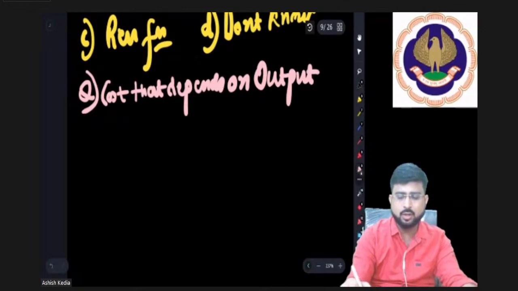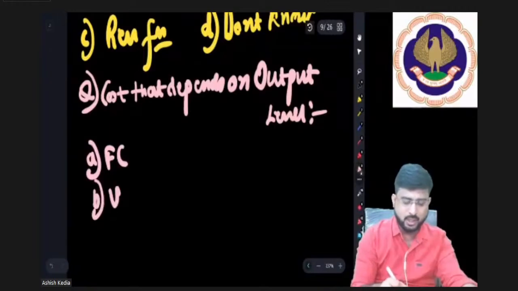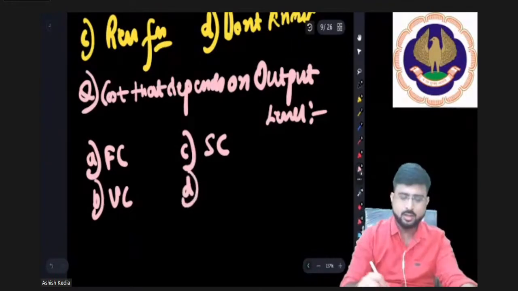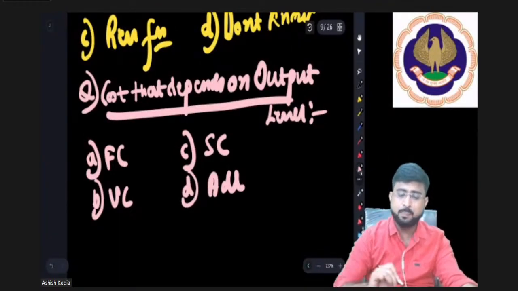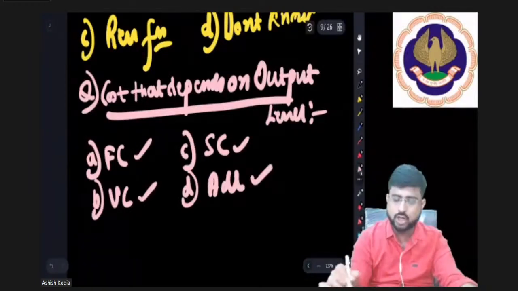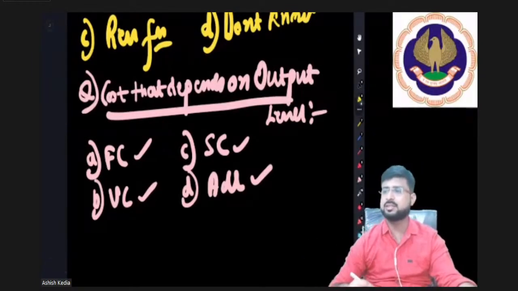A, fixed cost. B, variable cost. C, sunk cost. D, all. Come on, everybody. Need to see your answer, please.